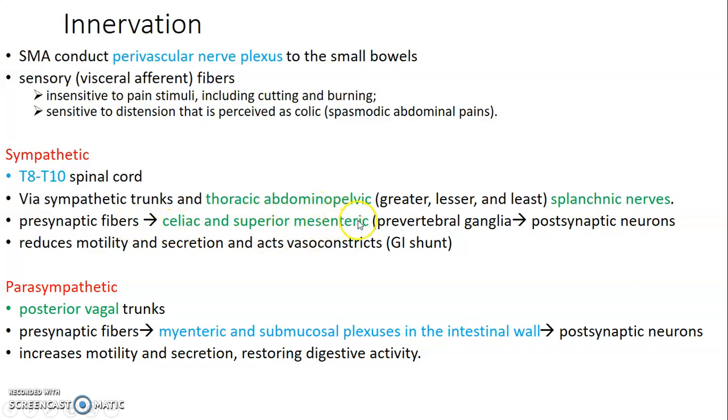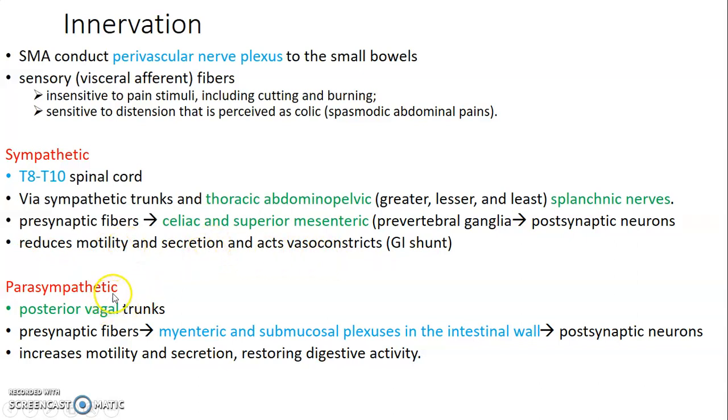When you activate the sympathetic system, what happens? You reduce motility. Sympathetic is fight-or-flight mode, so you don't want blood in the GI. There is a GI shunt: you reduce blood from the GI to go to skeletal muscle so that you can flee.